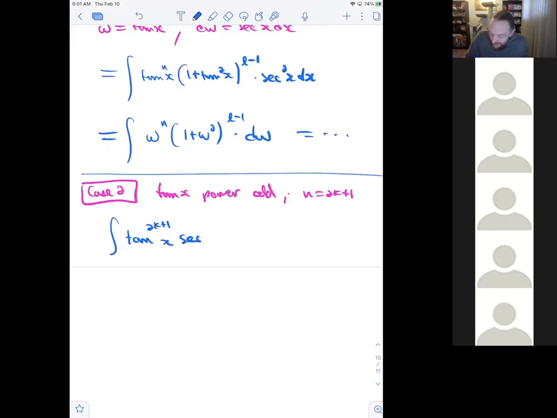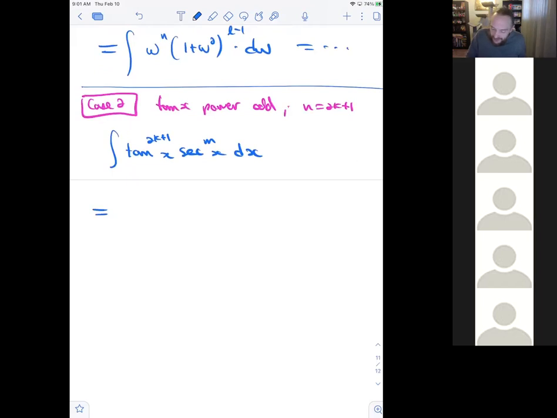So first of all, I write this as the integral of tan^(2k) x secant^(m-1) x, and then times secant x tan x dx. I stole a power from both of them, from secant and from tan. But when I steal from tan, what's left has to be even. So I had to start out with odd, because now I can see my differential, secant tan. I know my substitution is going to be secant, so all the other tans have to disappear, and I have to disappear them with the Pythagorean identity.